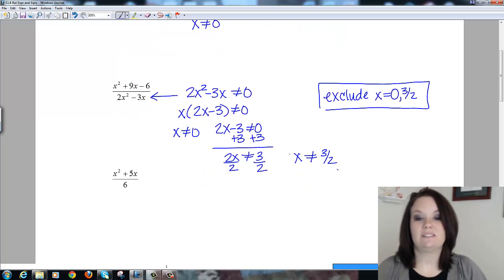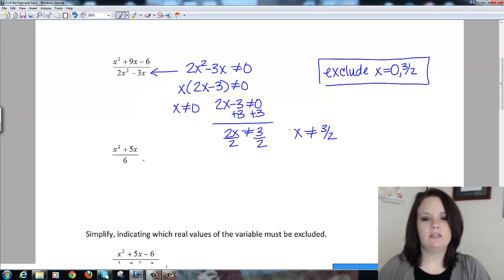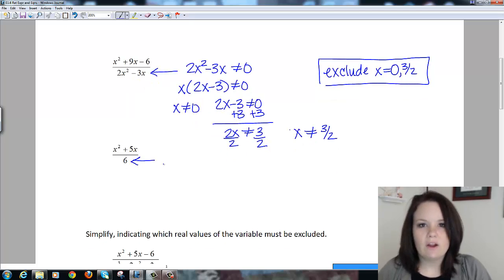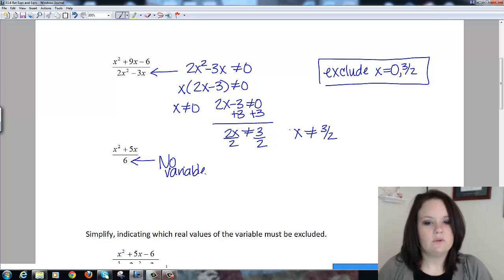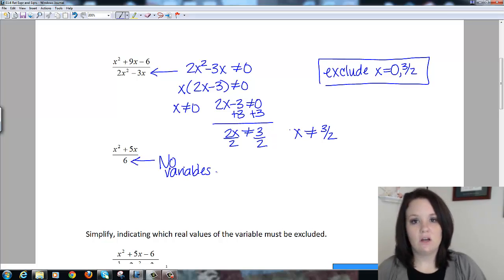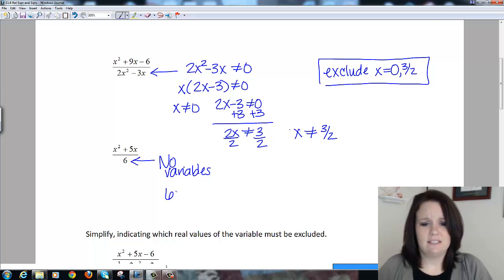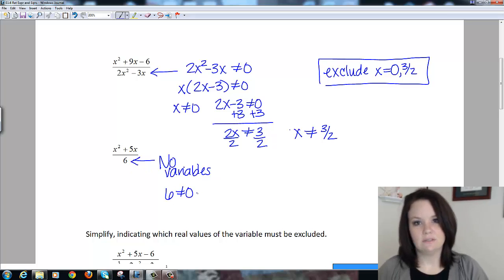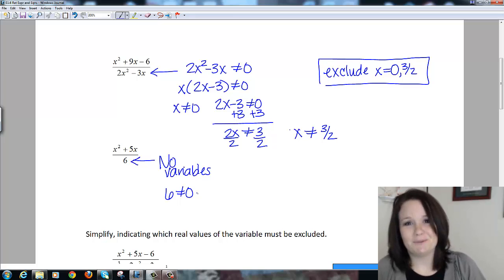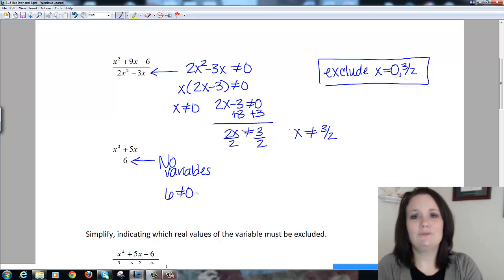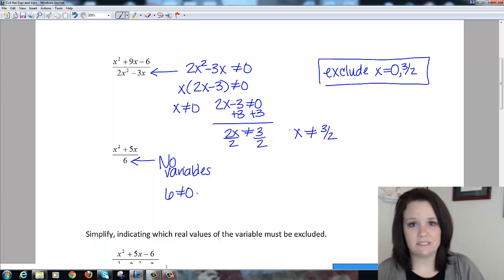If we look at this next one, it's a little bit different because notice when we look in the denominator, there's no variables, right? And really variables are the things that change our value. If there's nothing varying, right, then 6 is never going to change in the denominator. So even if I set 6 cannot equal 0, well, duh, 6 doesn't equal 0, and there's nothing I can do to 6 to change it into a 0.